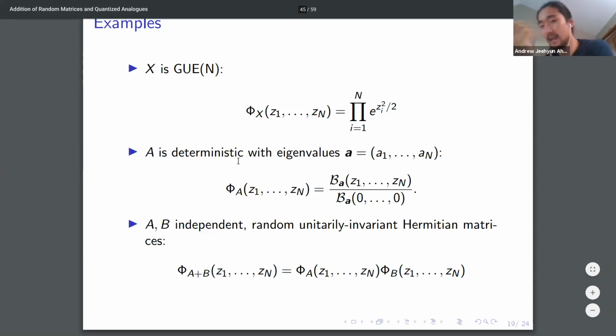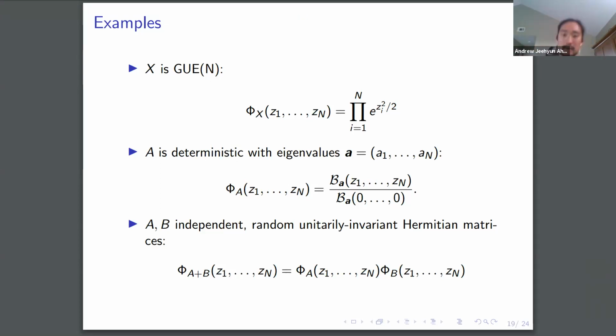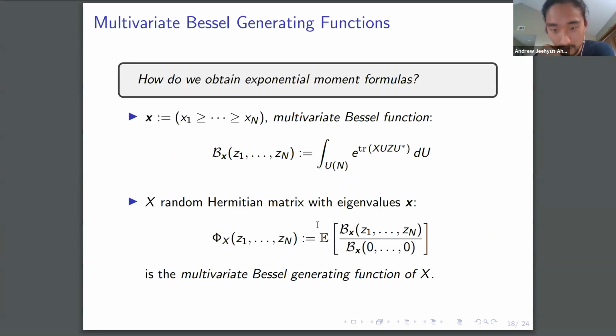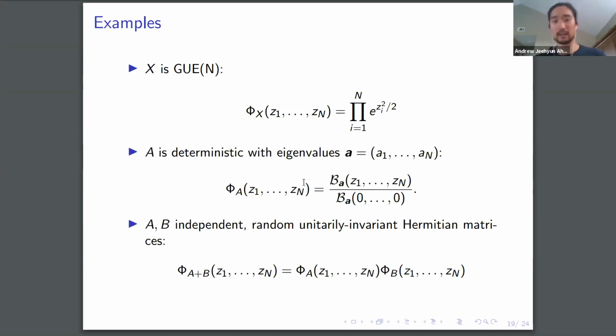If A has deterministic eigenvalues a1 through an, then the MBGF of A is just given by a normalized multivariate Bessel function. This comes directly from the definition, because if A has deterministic eigenvalues, then your expectation is just a delta mass at A.